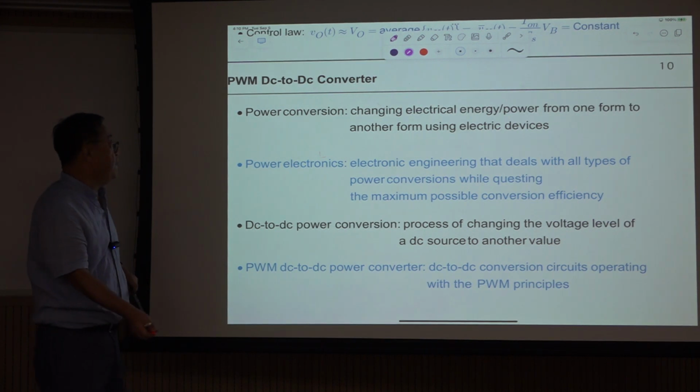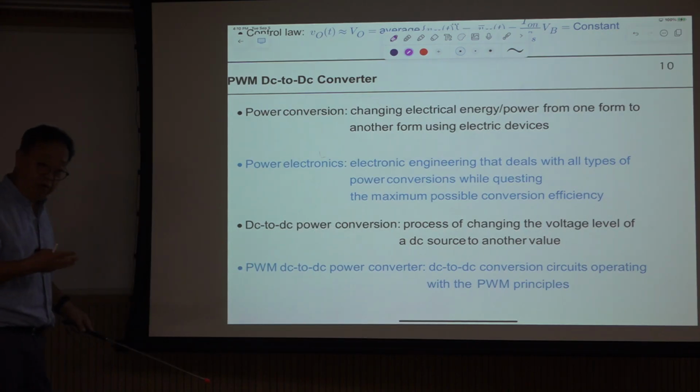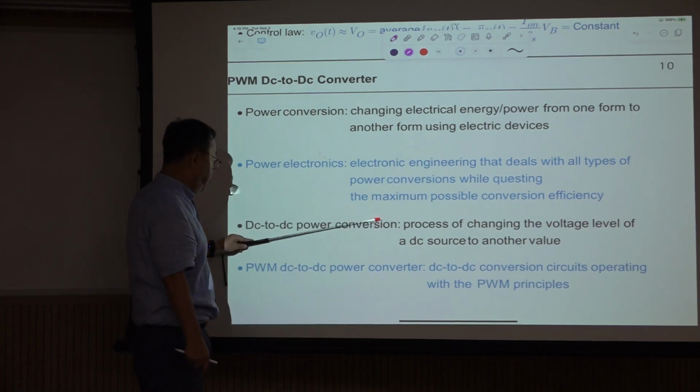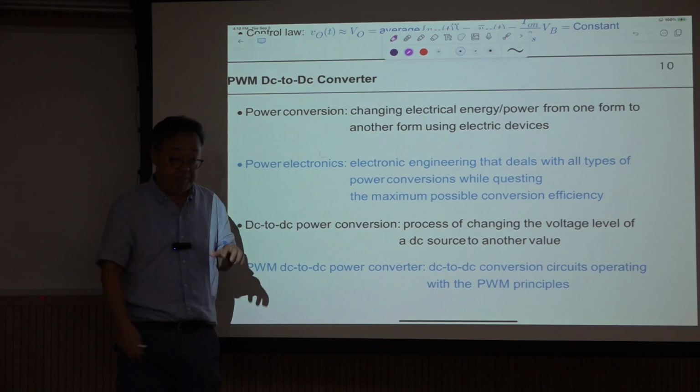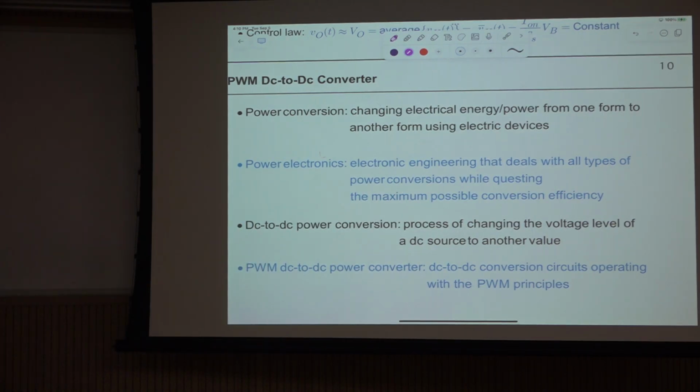There are many types of power conversion, but especially changing the level of DC voltage is called DC to DC power conversion. If you use the PWM technique, not the resonant technique, then that power conversion is called PWM power conversion.